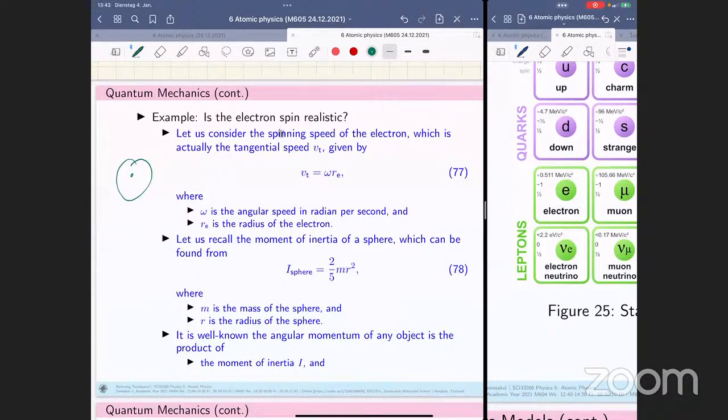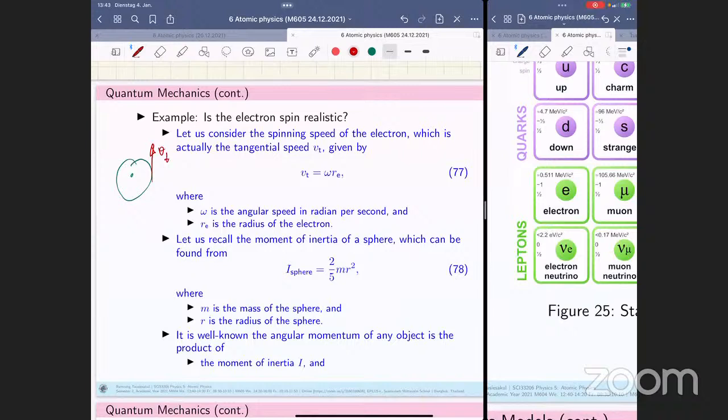Let's consider the spinning speed of the electron, which is actually the tangential speed. For any object that rotates around itself, this is the speed at the surface of that ball or object.